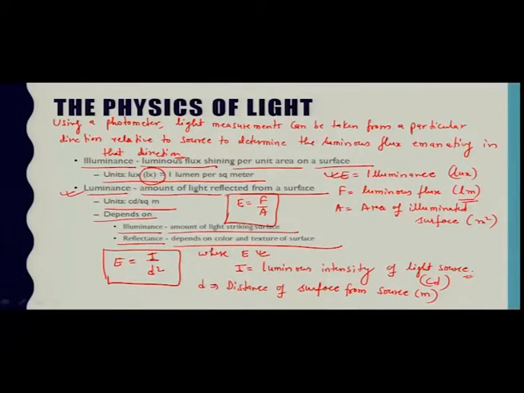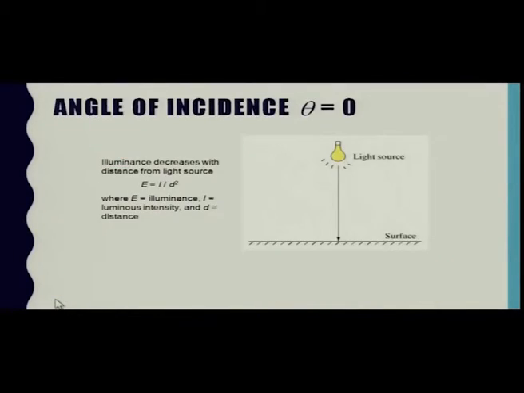So this equation assumes that the surface is perpendicular to the line of distance between source and surface. That we will clear in the next slide. So here you can see that we assume the light is falling perpendicular to the surface, making 90 degrees. So for those reasons, that formula comes out as E equals I by d square.